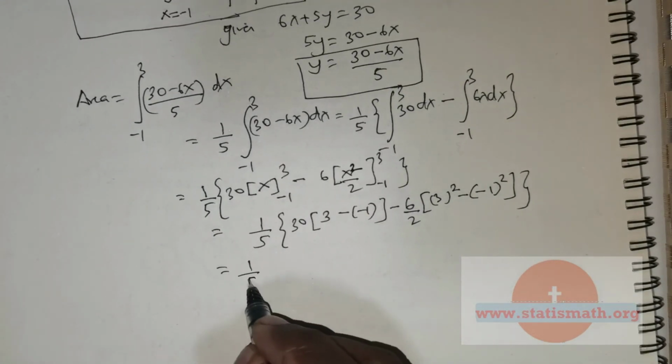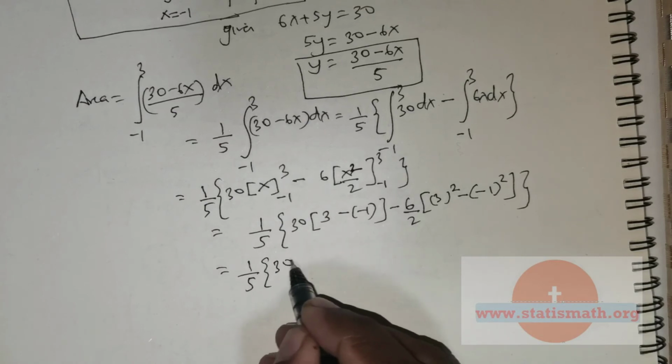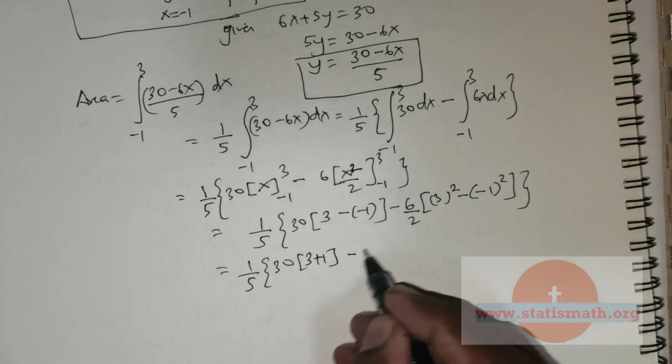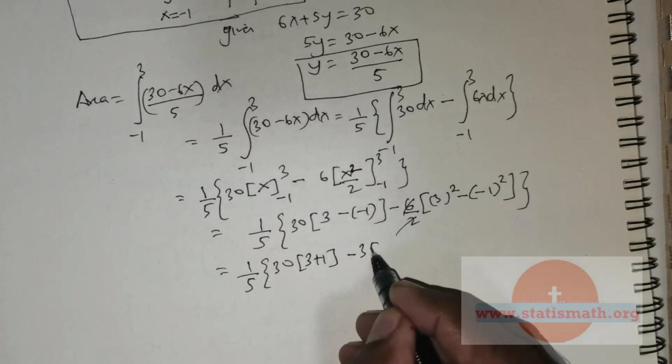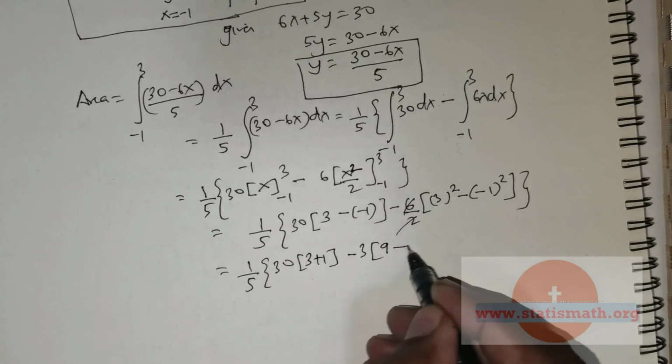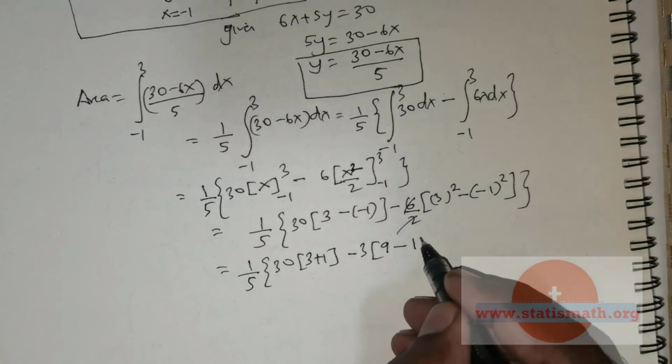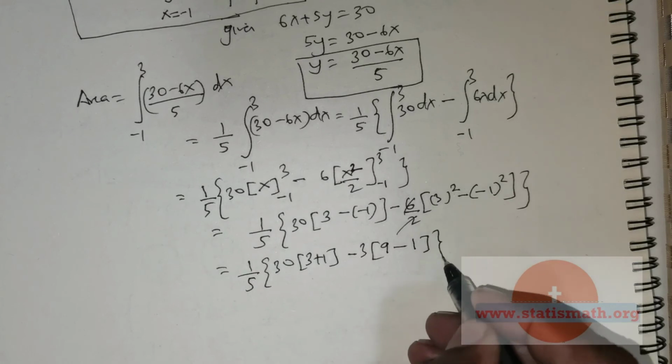So this is rewritten as 1 over 5 times 30. 3 minus (-1) would give you positive 4. 2 can divide 6 three times. 3 squared is 9. (-1) squared will give you positive 1, followed by the negative sign which is present there.